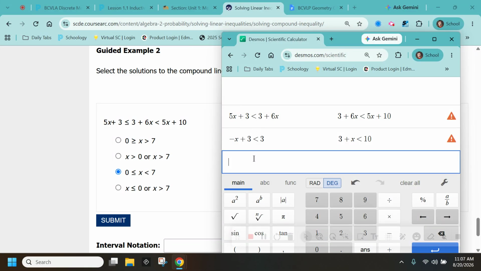Next step, for negative x, we subtract the 3 to the right-hand side, so this is less than or equal to 0. And same thing here, subtract the 3 to the right-hand side, and 10 minus 3 is 7.